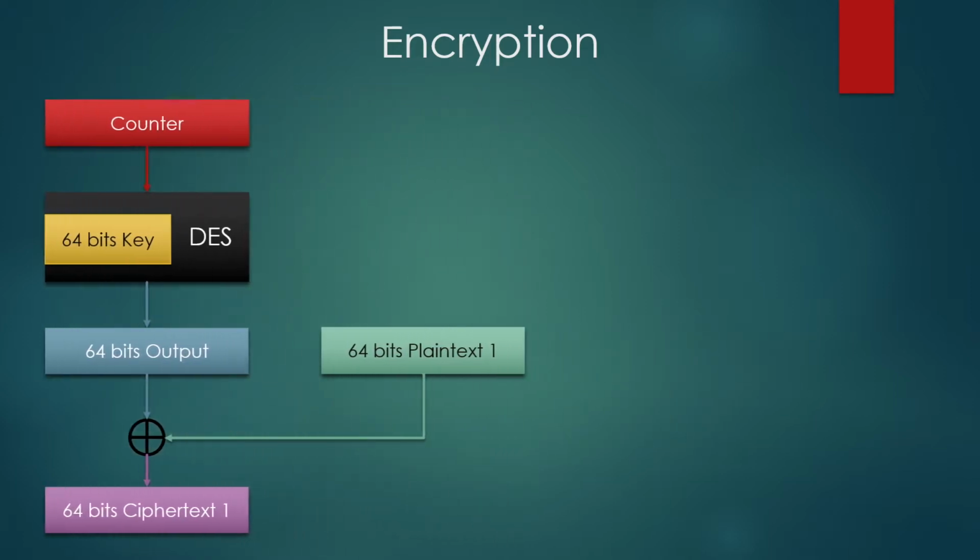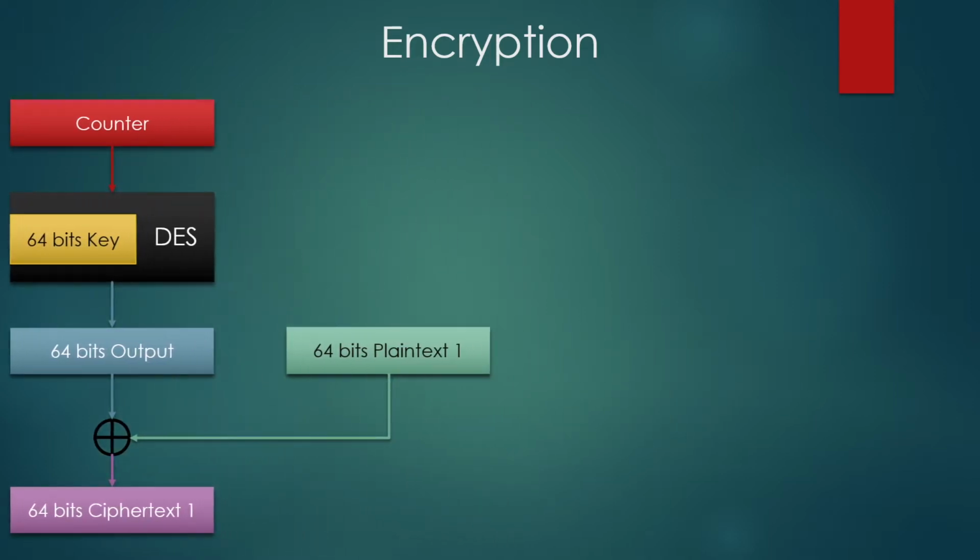For the next encryption iteration, the previous counter value will be incremented by 1. For this video, we assume the incremental value is 1. However, you can choose to increment it by a constant value, I, where I is a set of natural numbers.